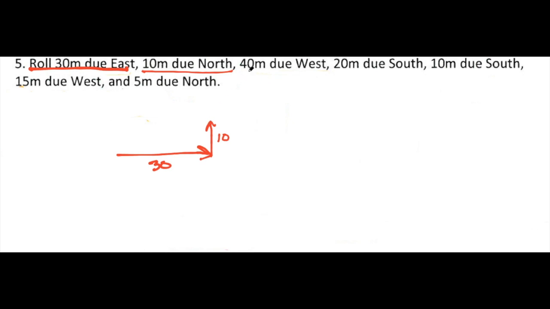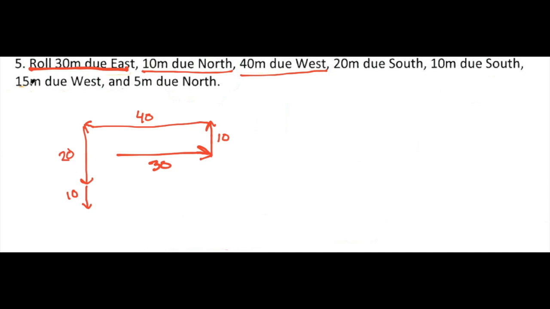Now I'm going 40 meters due west, so 40 meters due west would put me right over there. 20 meters due south, so 20 meters due south right there. And then another 10 meters due south. Just realizing in the original answer key we accidentally made a mistake and left this other 10 off.